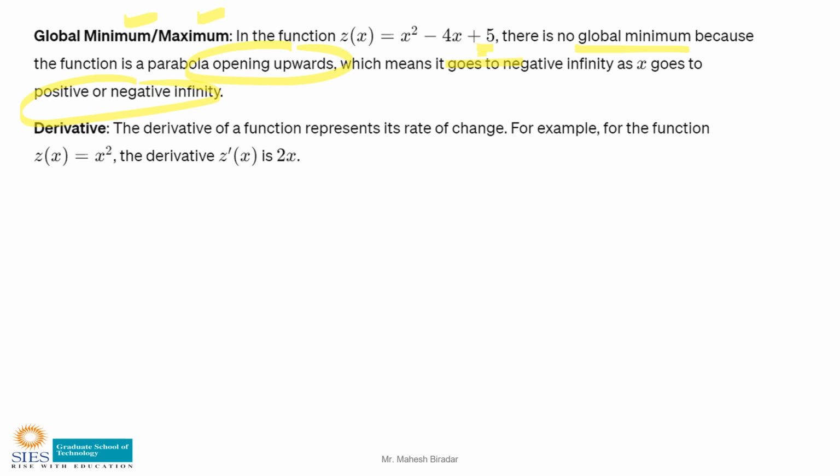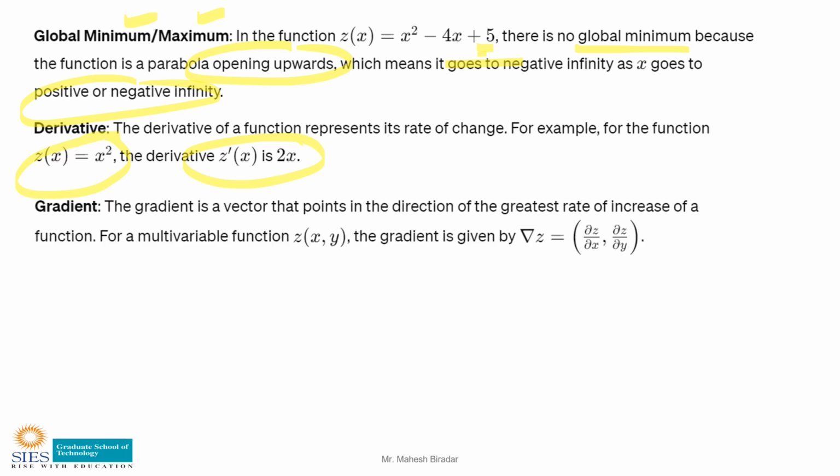Then we have to understand what is meant by gradient and derivative here. Whatever function is given, suppose z of x is equal to x square. Its derivative is 2x. So we know the formula for finding the derivative of the function. Gradient. The gradient is a vector that points in the direction of the greatest rate of increase of a function.